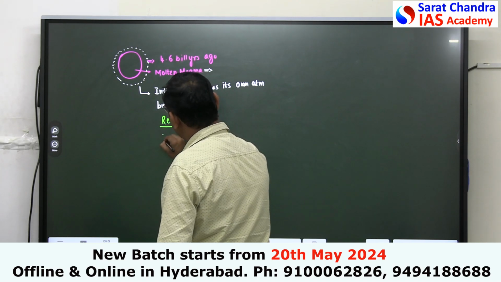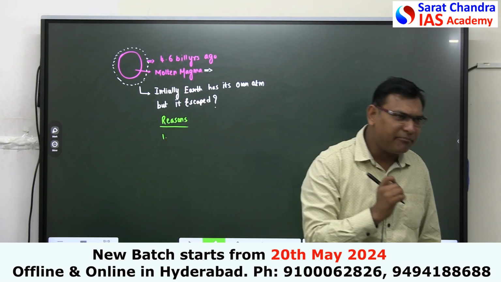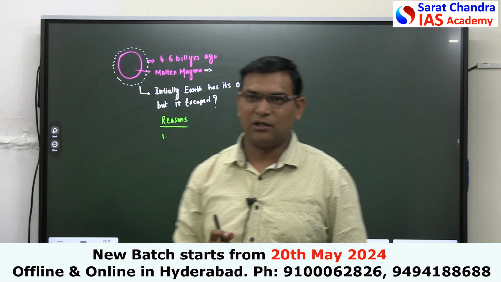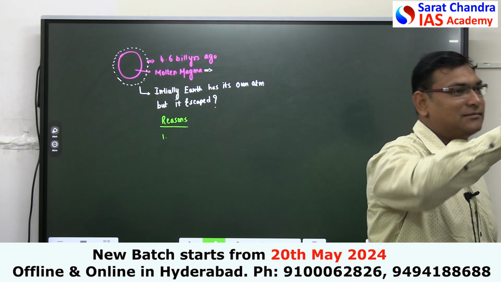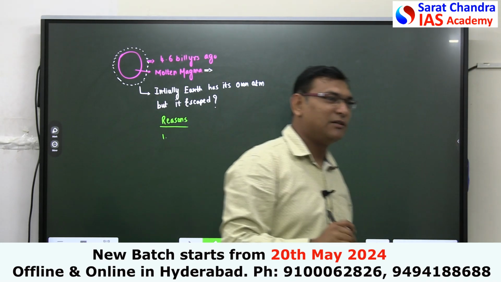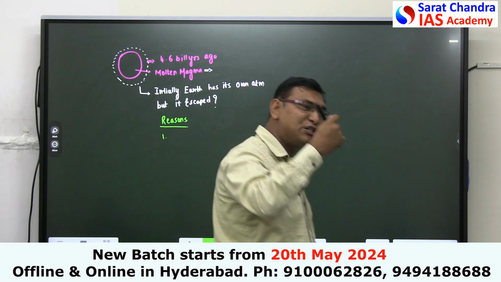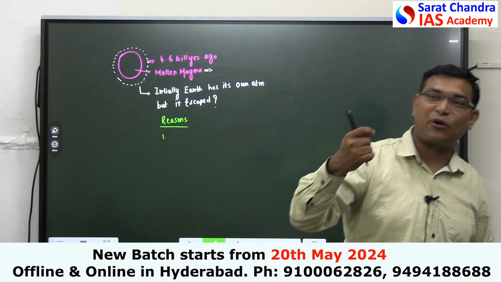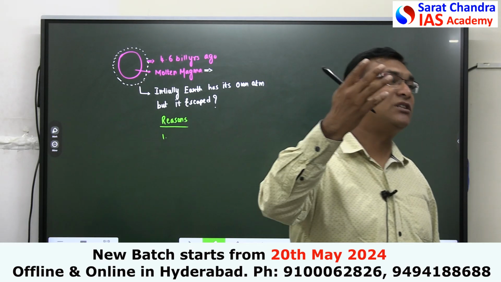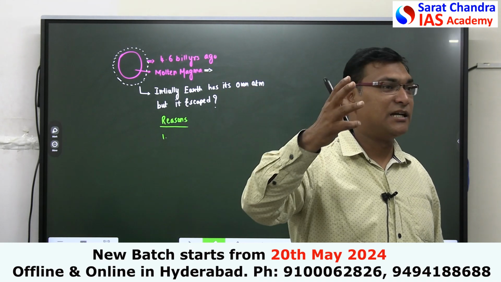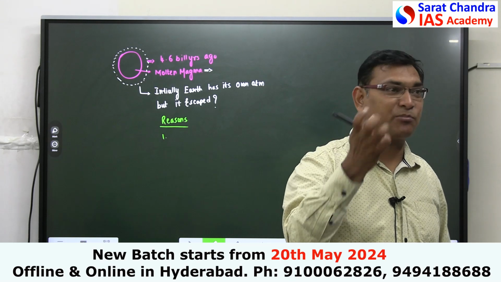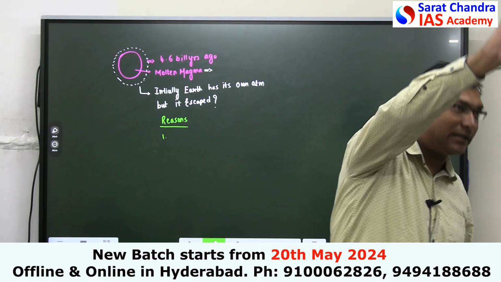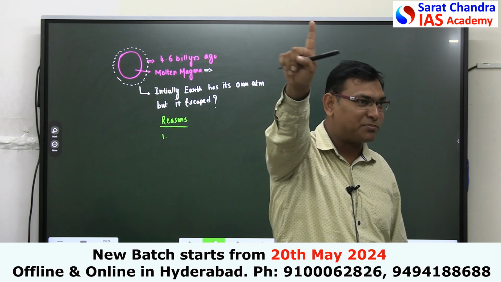Can I say, whenever there are high temperatures, the gases will start evaporating or escaping? Yes or no? Initially the earth's surface temperatures were very, very high, 3000 to 4000 degrees Celsius. In this case, the gas will not stick to the atmosphere, it will escape, evaporate. Understood first point?